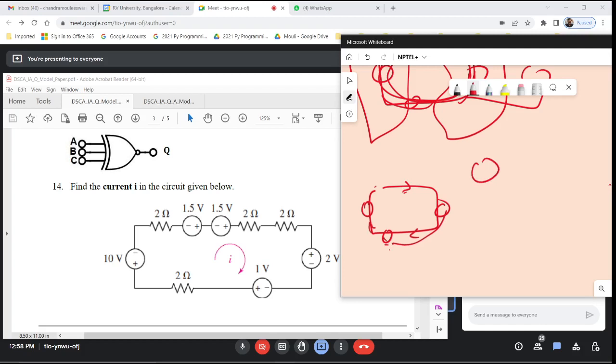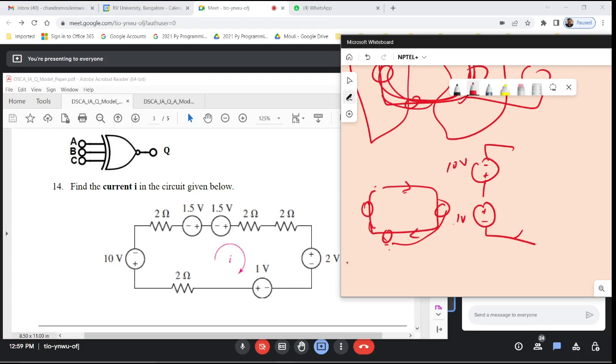Now while moving, make sure that you do not miss out the polarity. Like 1 volt, if you are moving it here, make sure that plus is here, minus is here, and then plus of this is connected and minus is connected, and 10 volt is here. When you are moving it, make sure that you don't interchange the plus and minus, otherwise the results will be different.